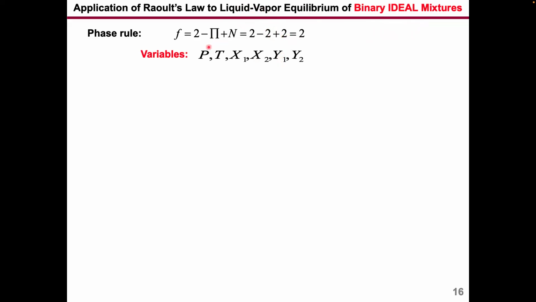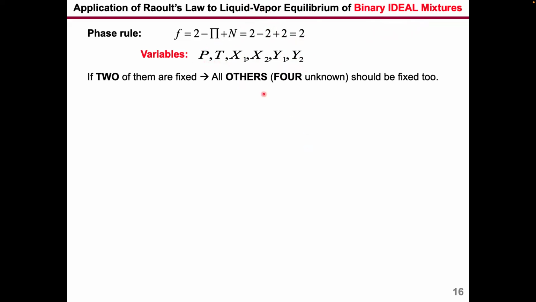So the degree of freedom is going to be 2. And then if you think about variables, you will have P, T, x1, x2, y1, y2, right? So now this means if 2 of these are fixed, the other 4 should be fixed too. So you only really need to know 2 of these in order to calculate the rest of them, okay?